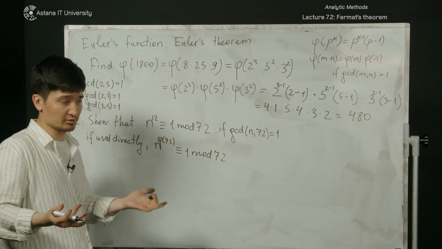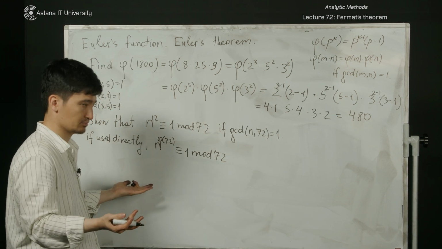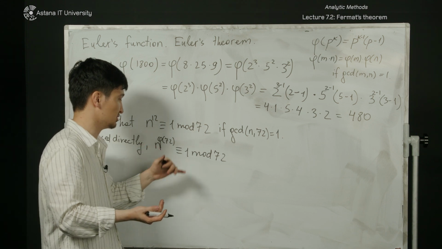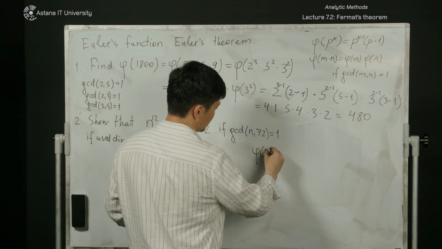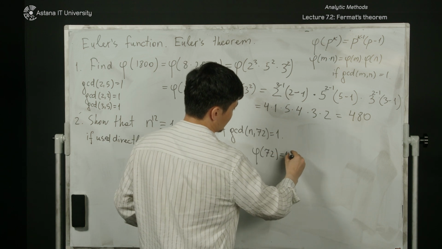And looks like it works out. Kind of an easy problem. What we need to do is just calculate phi of 72, and that's it. So let's see. Phi of 72 is actually equal to what?